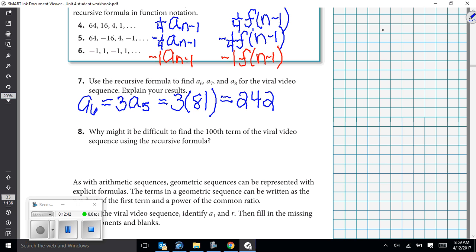All right, so take a second and let's get a sub 7 and a sub 8.